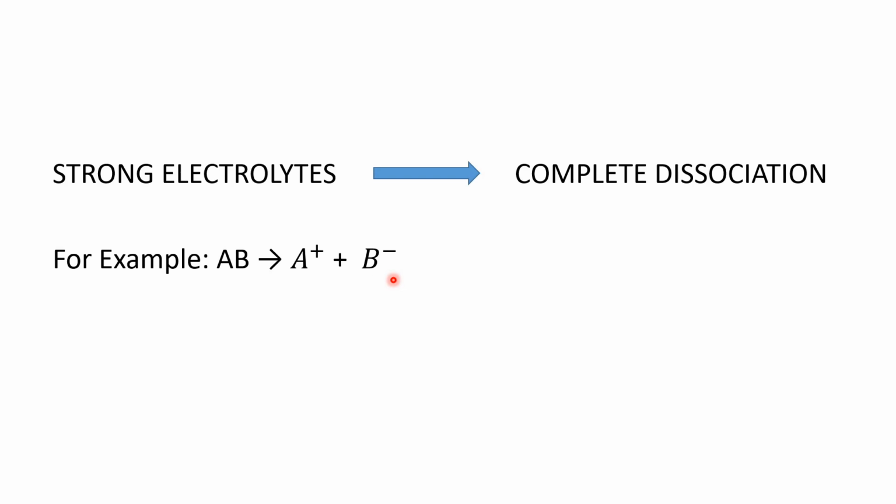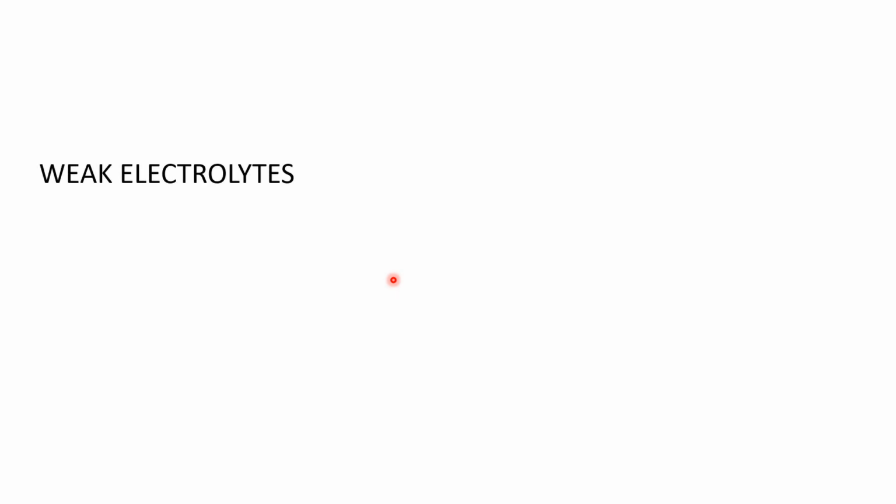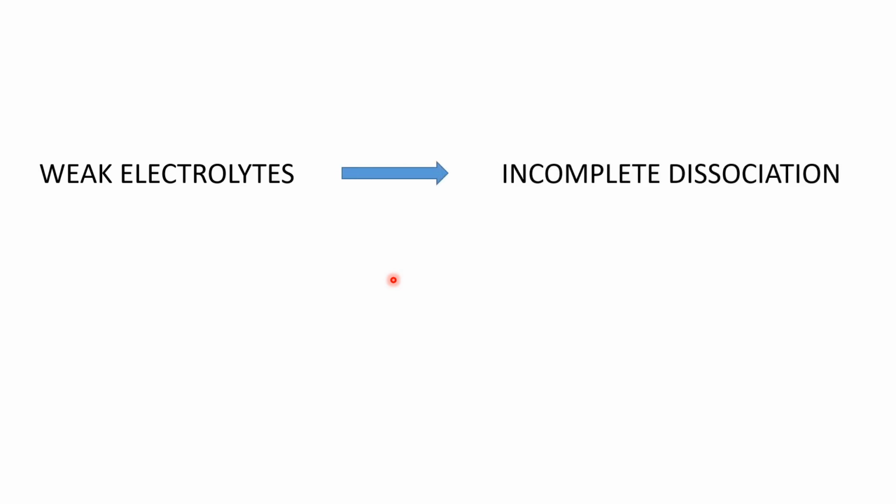To understand this more effectively, let's see the concept of weak electrolytes. Weak electrolytes are those species which dissociate incompletely. Let's see an example. Here, AB dissociates into A+ and B-, but you can also see the reversible sign in the reaction.